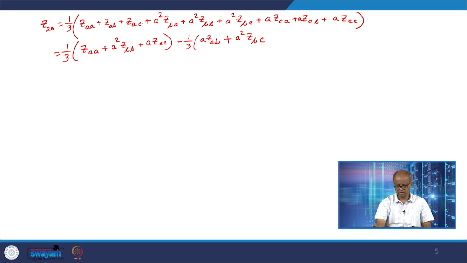And then A square ZAC, and AZAC means A square ZAC, and then ZAC and 1 plus A is A square, and then A square ZBC plus AZBC means plus ZBC, right.